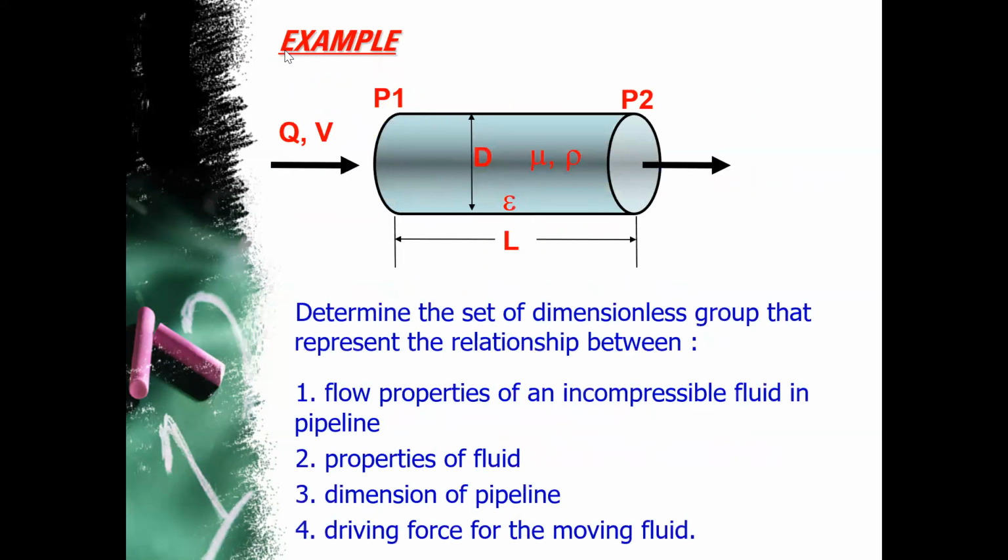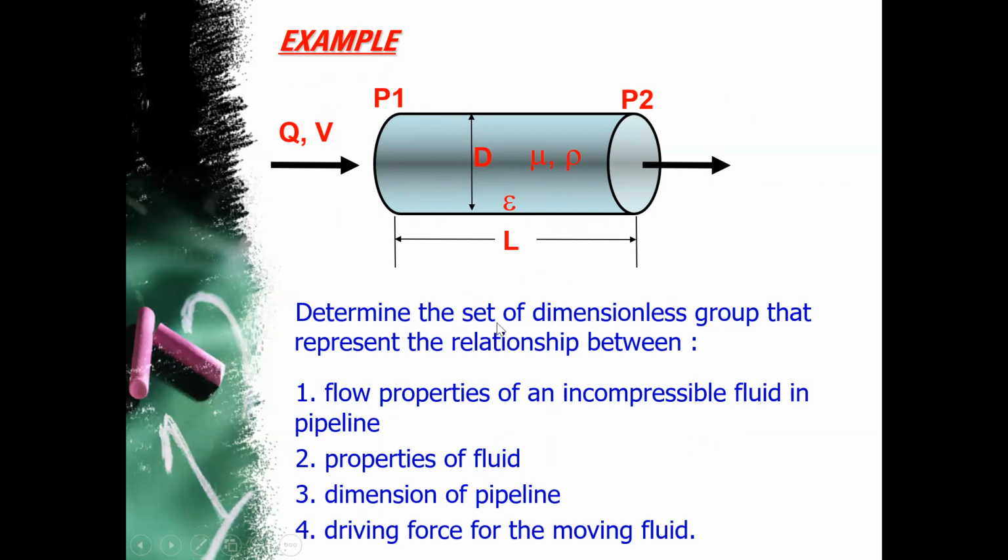All right. So let's look at the example here. Let's say you have this, a flow of fluid in a pipe. Determine the set of dimensionless groups that represent the relationship. This is the purpose: you want to determine the set of dimensionless groups. So the question is how many groups are possible from here.